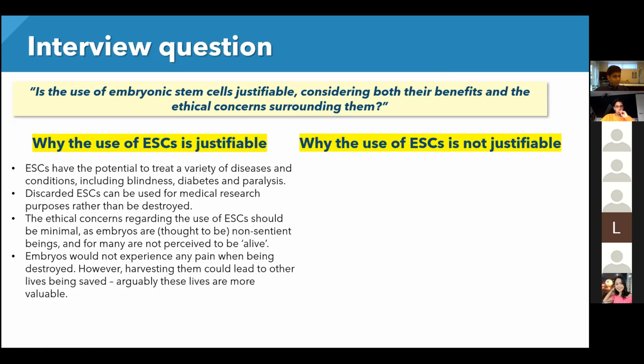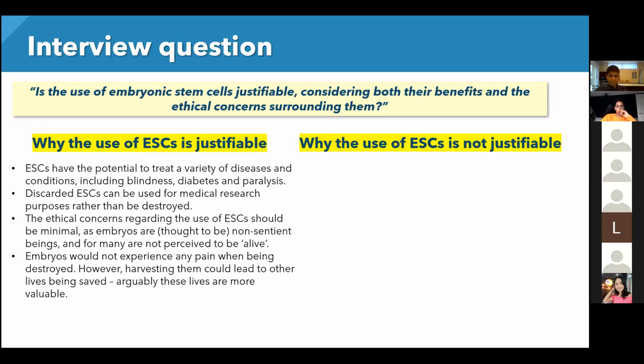Someone has said that if research were able to somehow significantly minimize these limitations, i.e. the risks and costs, then its benefits would outweigh the risks. The procedure of acquiring embryonic stem cells should also be ethical. Someone did mention umbilical cord stem cells, which is an alternative, and also induced pluripotent stem cells as an alternative to using embryonic stem cells.